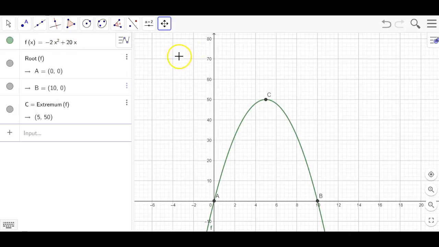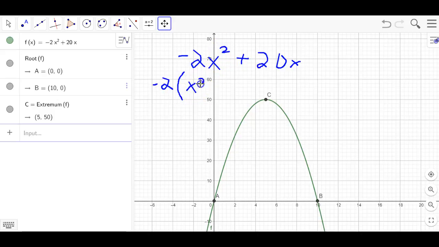So I have negative 2x squared plus 20x. If I wanted to take out negative 2 first, negative 2 goes on the outside, and I'm going to see what's left on the inside. Well, I have x squared, right?